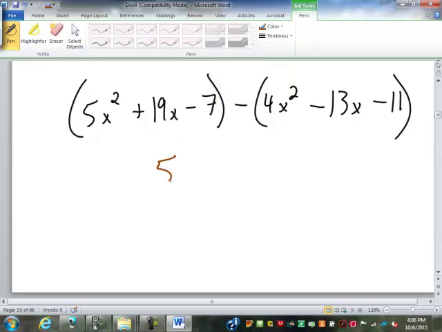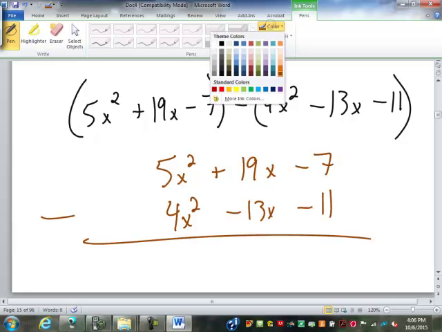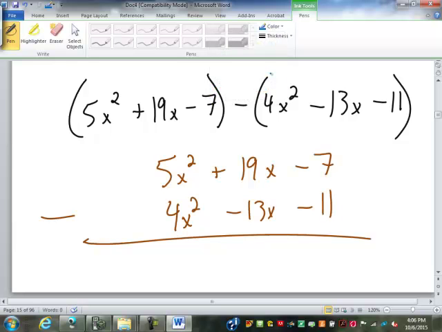So we're going to set this up again. Keeping our columns lined up once again, subtracting down the columns. So again, at this point now, it's just a matter of remembering how to work with the negatives, with the integers. Negative 7 minus a negative 11.